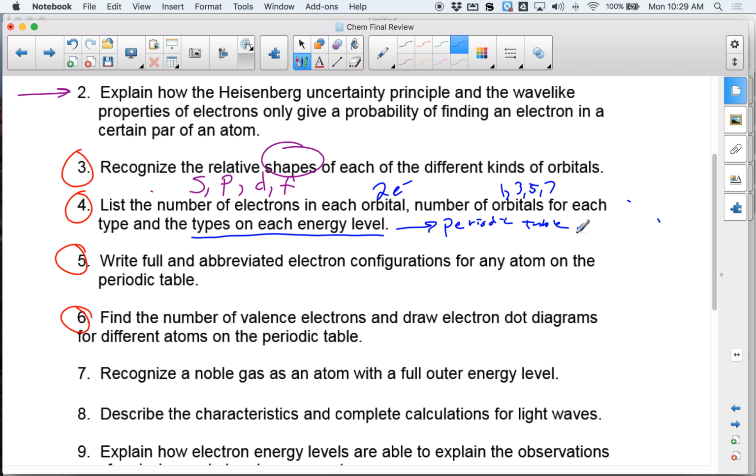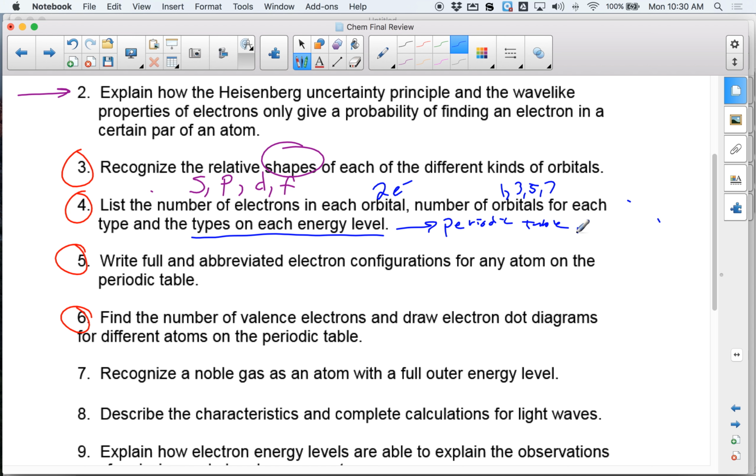Okay? So, this helium, remember, is the one that's a little bit out of place. The helium we put over here because it's a noble gas, but as far as orbitals go, it would be much better suited over here. These are all s orbitals, these are all p orbitals, these are all d, and these are all the f.